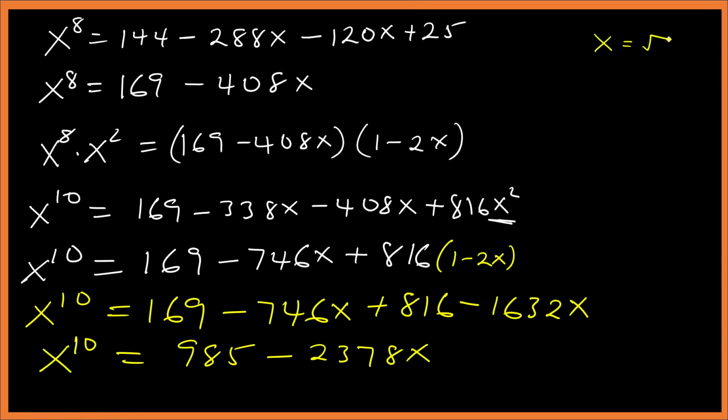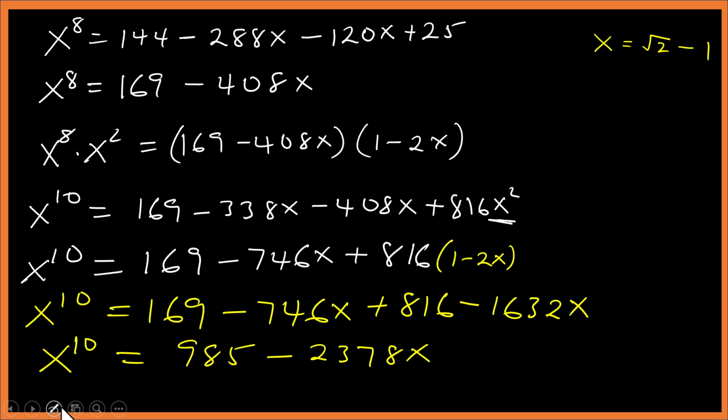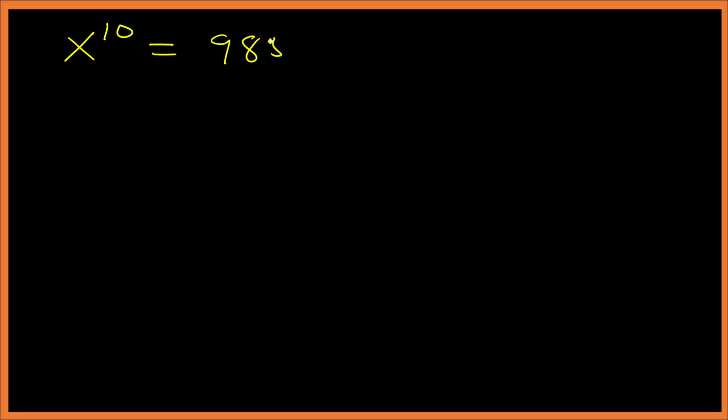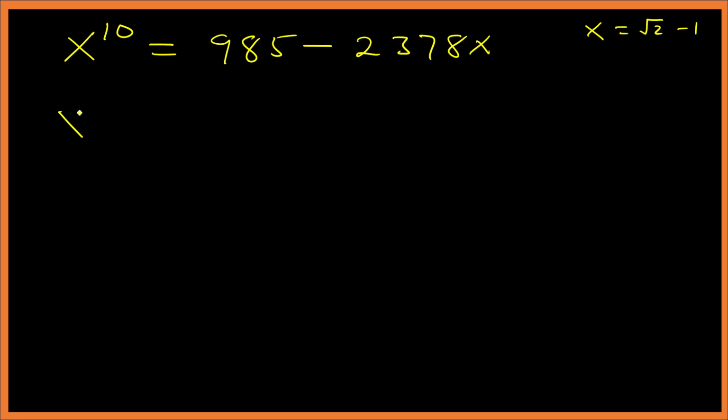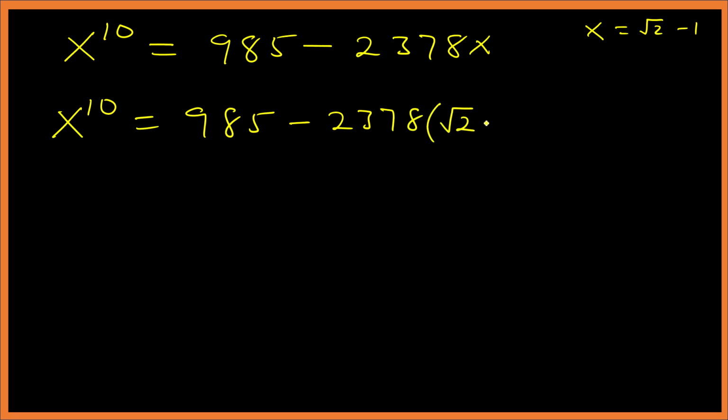So you do substitution here. So x to the power 10 is simply 985 minus 2378 times (root 2 minus 1).